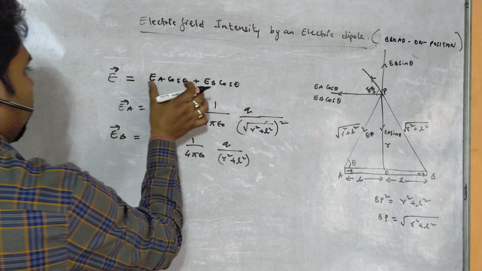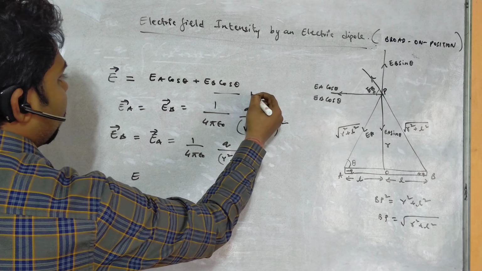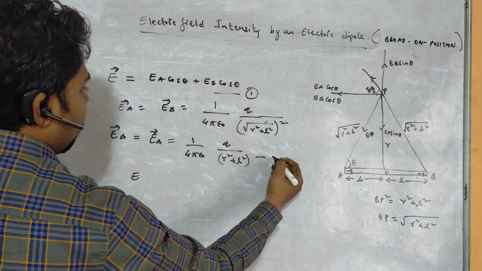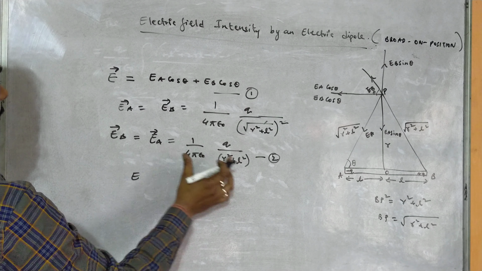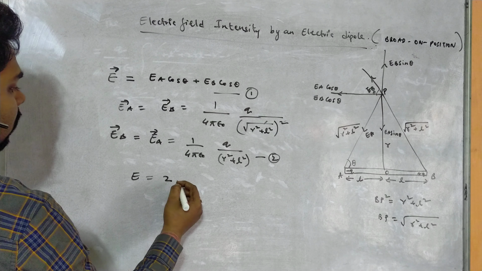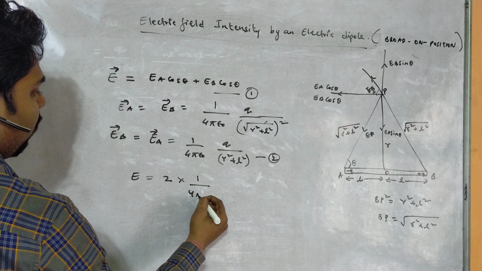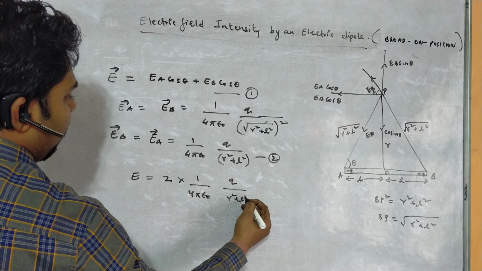So this is equation 1 and this is equation 2. If you substitute the values of EA and EB in equation 1, we will get 2 into 1 by 4 pi epsilon naught Q by R square plus L square.